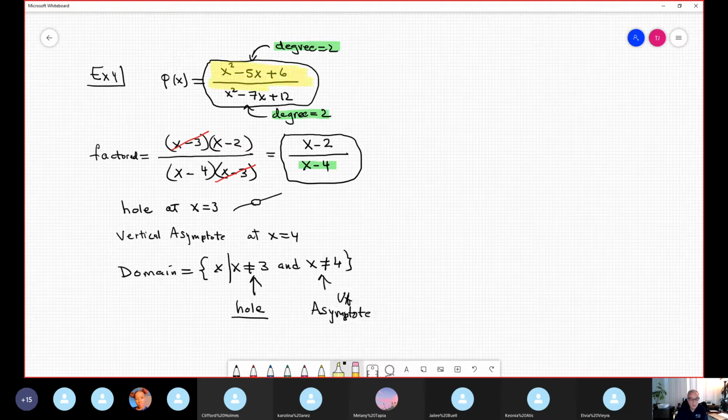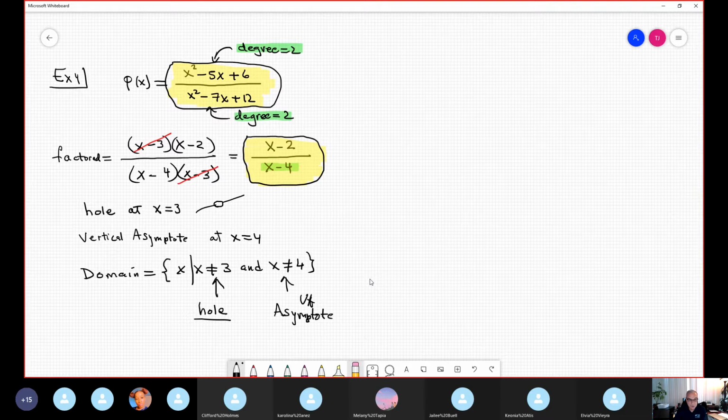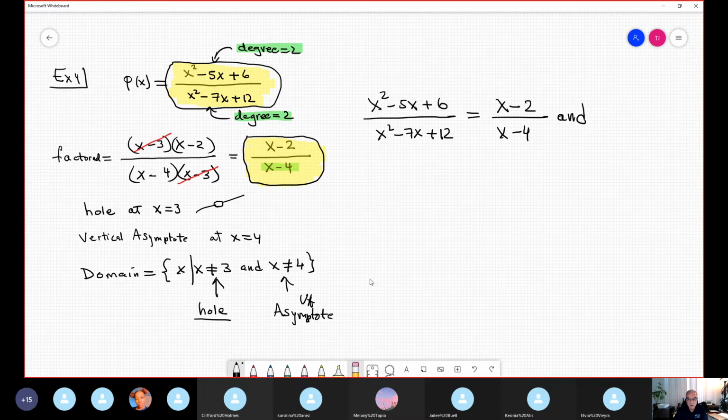This expression is the original, and this expression, after the simplification, is equivalent, I suppose, 99.999%. The truly true statement is: this expression, the original, is given, is equal to this expression, but with one condition: when x is not 3.